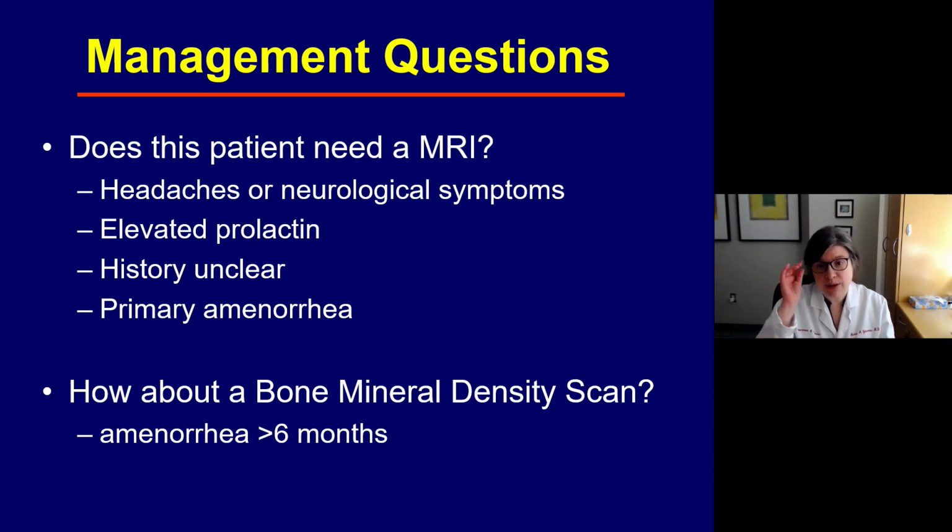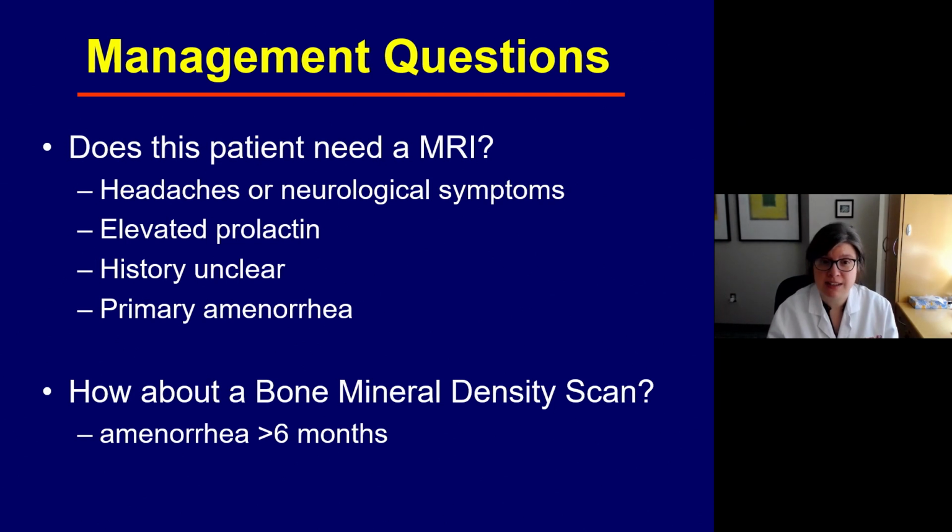So there are a couple of management questions that come up with these patients. One is, does this patient need an MRI? And I would argue that most of these patients, if they have a good story, they exercise excessively, they've lost a lot of weight, they do not need an MRI.